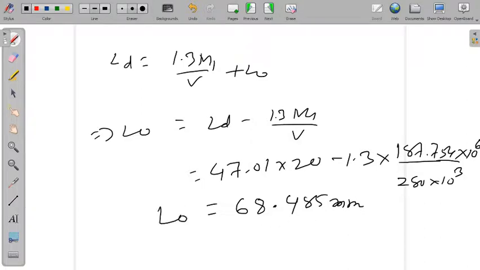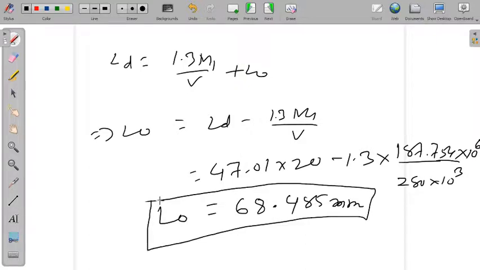So by this equation the minimum L0 beyond the center of the support is to be provided as 68.485.